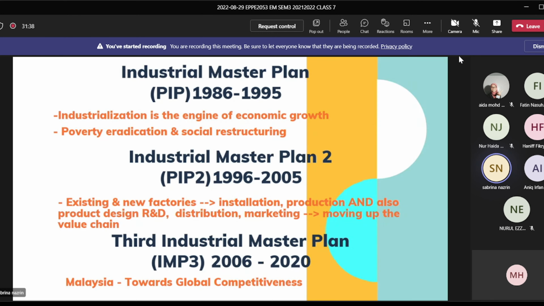For the Third Industrial Master Plan, which is IMP3, from 2006 to 2020, is a formulation towards global competitiveness. The objective is for global competitive transformation and innovation of the manufacturing and service sector.